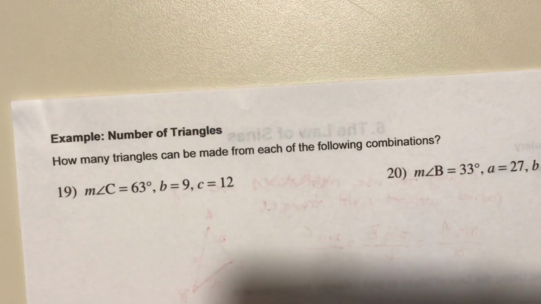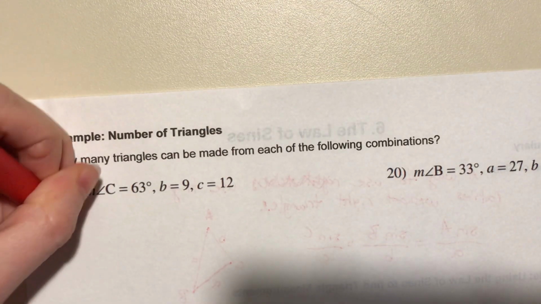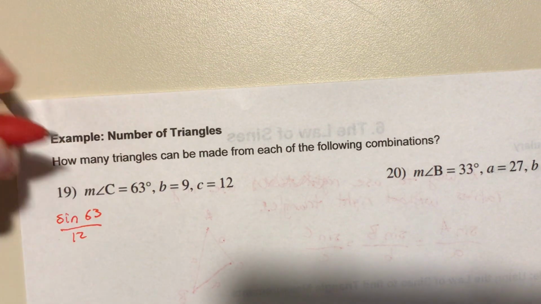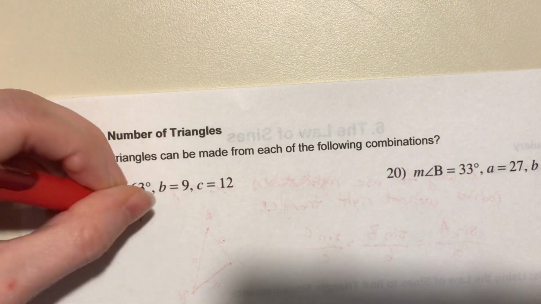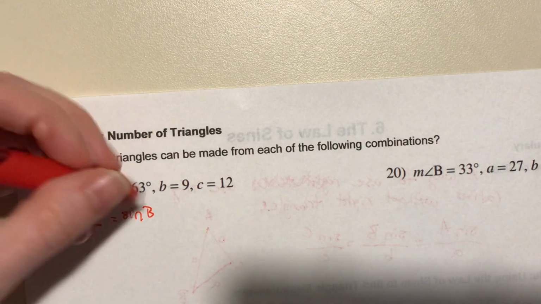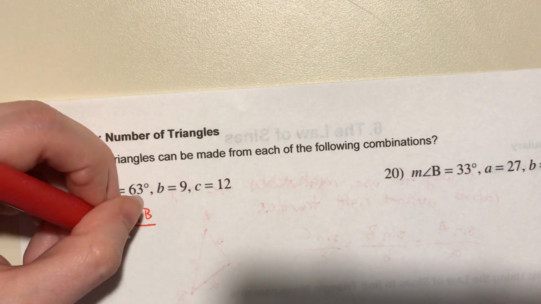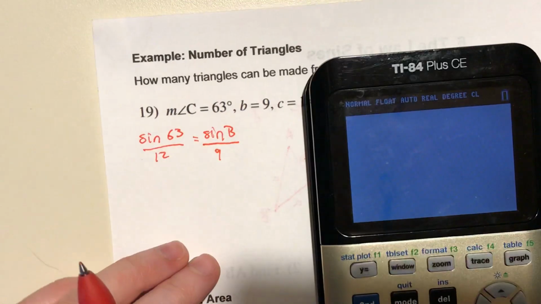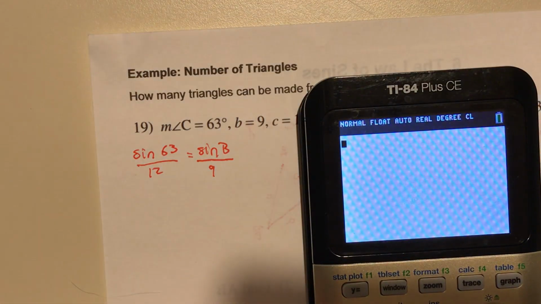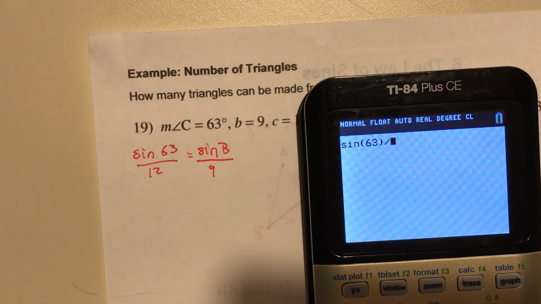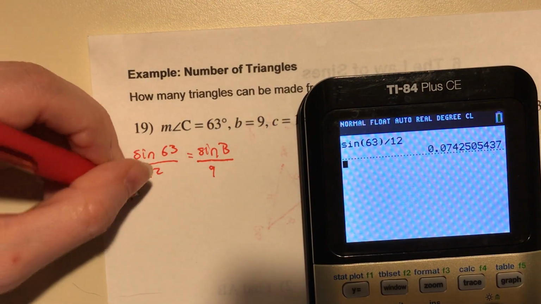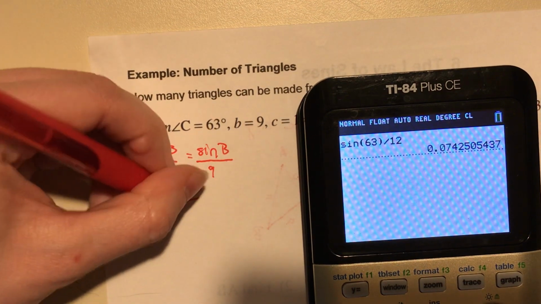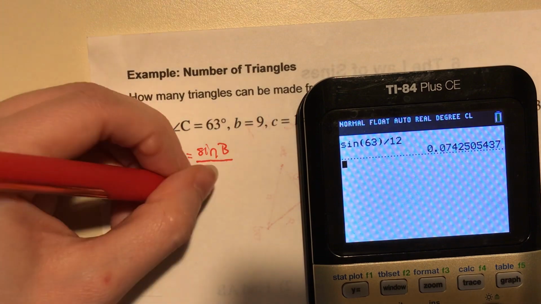So I'm going to set up the sine of C. The sine of 63 over c, which is 12, is equal to the sine of B over b, which is 9. We'll figure this out first. Sine of 63 over 12 is going to be 0.07, equal to the sine of B over 9. Of course we'll multiply both sides by 9.